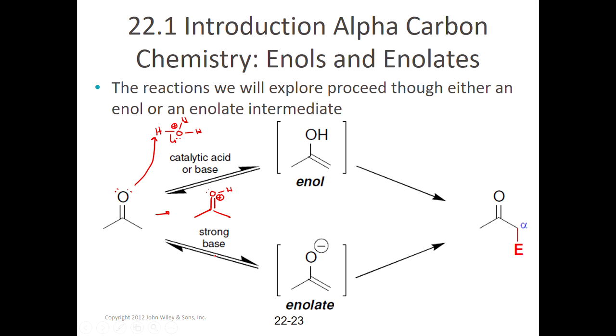Now that that oxygen is positive, it's pulling these electrons away. And so now that it's positive and it's pulling these electrons up so strongly, its other resonance contributor looks like this. Which is a carbocation.